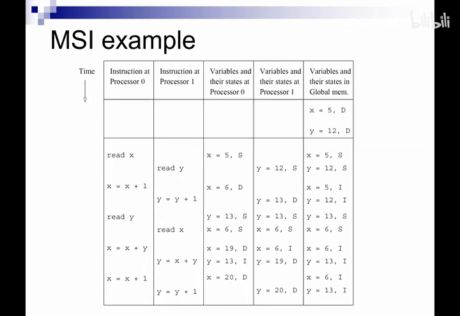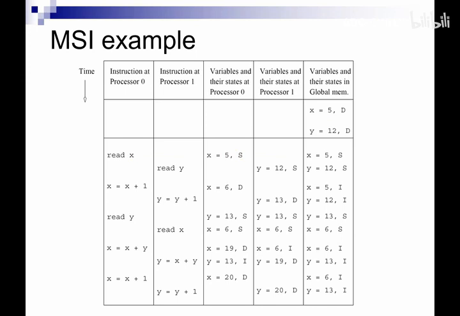Okay, so let's do an example of this. Suppose that we have two variables, X and Y. Initially they have values 5 and 12, and they're both in the dirty state. Now suppose you have a processor 0 which wants to read X. It'll read the value of 5 for X, and now the state of X is going to become shared at processor 0, and also in the main memory.